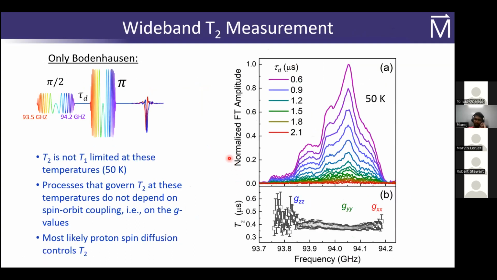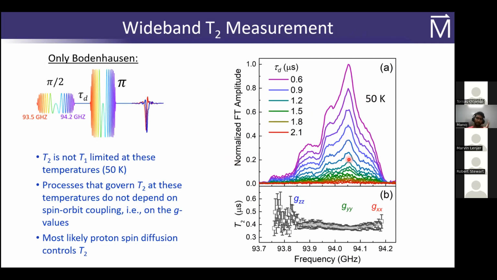Now, since we have done the T1, we also tried a T2 measurement. We varied the delay between the excitation pulse and the refocusing pulse, and then we captured the whole spectra as a function of this delay. This is shown in this figure here.